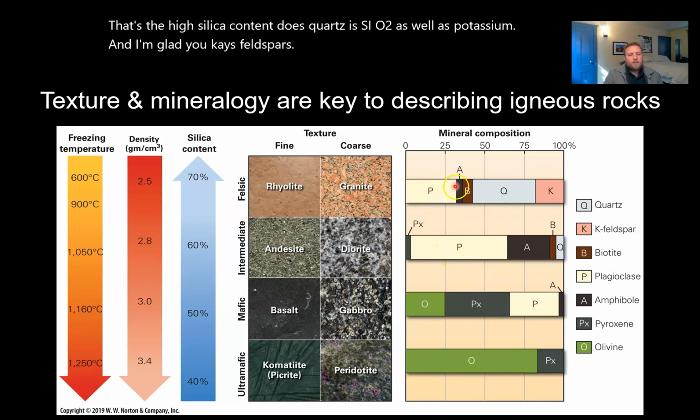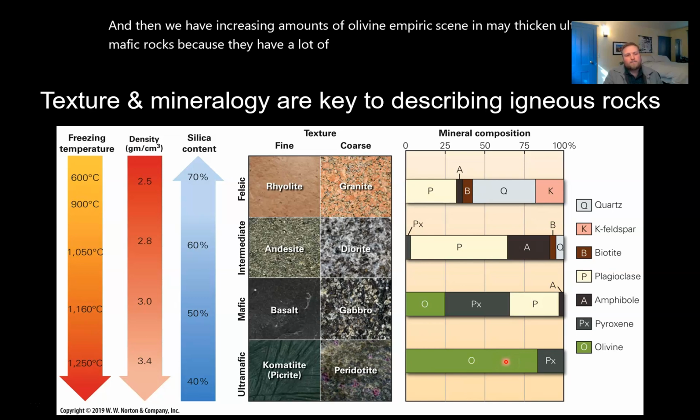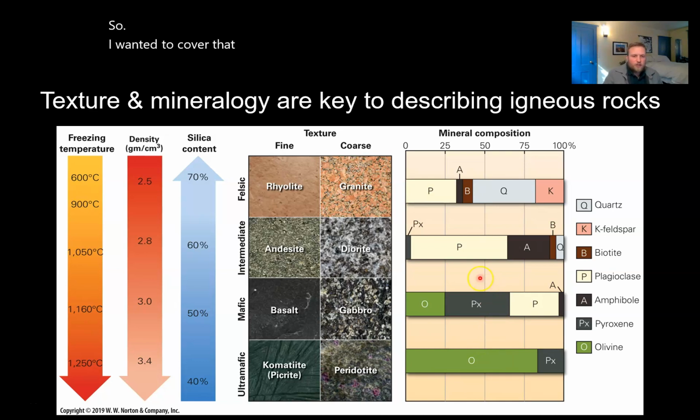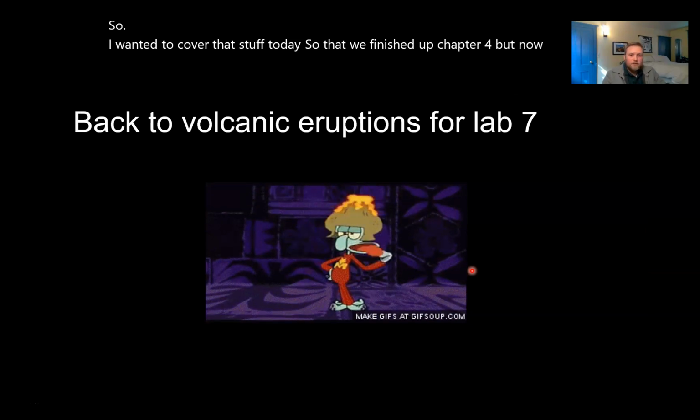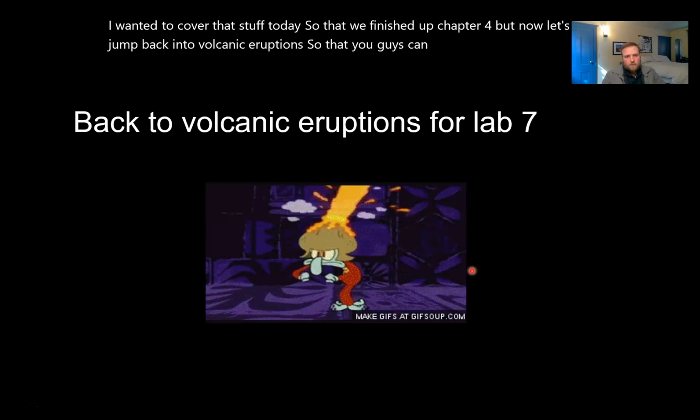And then we have increasing amounts of olivine and pyroxene in mafic and ultramafic rocks because they have a lot of magnesium and iron in them. Okay, so I wanted to cover that stuff today so that we finished up chapter 4, but now let's jump back into volcanic eruptions so that you guys can do lab 7.